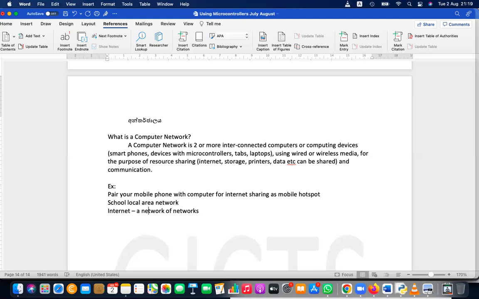For example, your mobile phone and laptop, mobile phone and computer, or two mobile phones. Make sure those devices are ready by next day, because I'll show you how to establish a network and how to share a resource using that network. Therefore, if you get any two devices, please be ready. If you don't have, don't worry. If you have, be prepared.